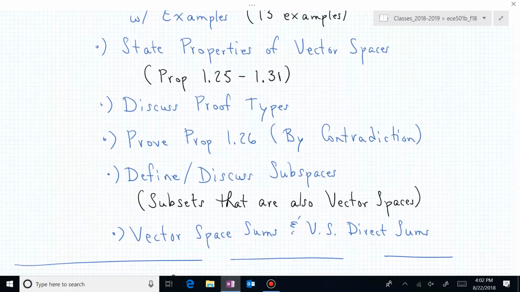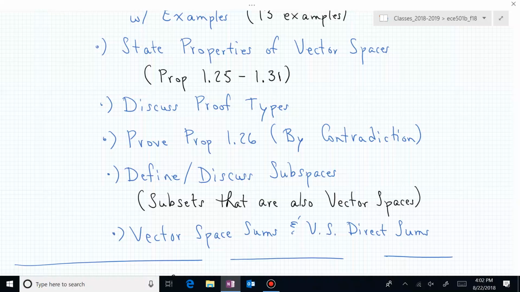Then we will simply state some of the properties of vector spaces, and the notation is Proposition 125 through 131, the different properties of vector spaces that are encompassed by those numbers.